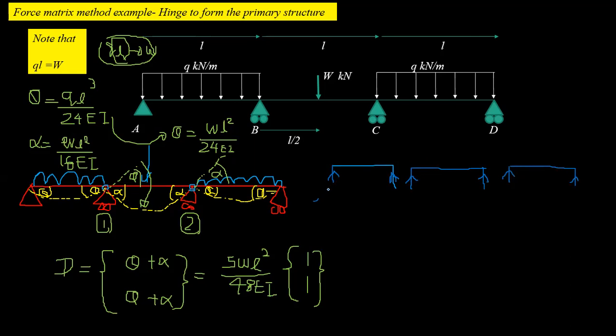So here it's QL over 2. Here also. Here it's W over 2. And here it's QL over 2.